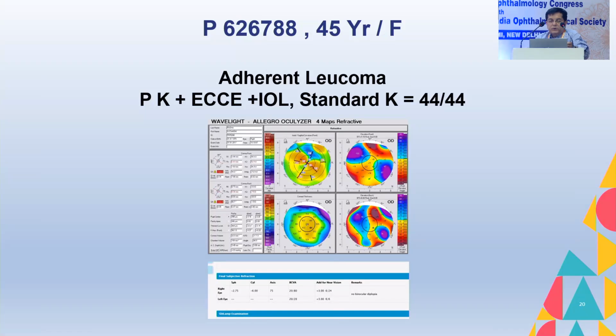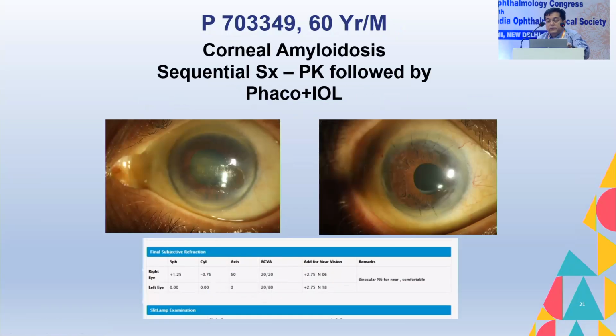In this particular patient, who had an adherent glaucoma, a PK, ECC plus IOL, a triple procedure, was done, and as you can see, the refractive outcome was -3 sphere and -6 cylinder. Compare this to this particular patient where I did a PK first because it was a soft cataract.